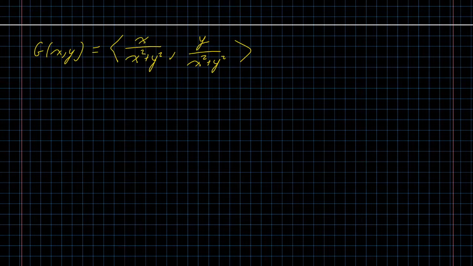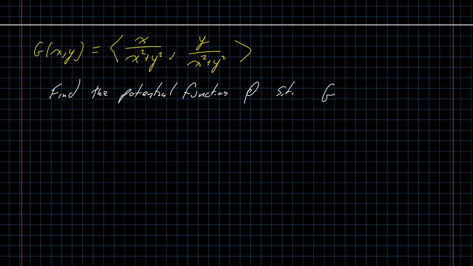And now my instructions are find the potential function phi such that g is the negative gradient of phi.